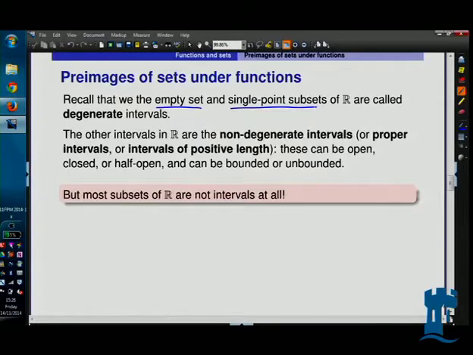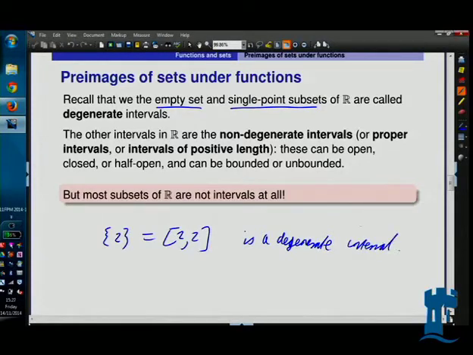The single point sets, like 2, you could think of that as the closed interval from 2 up to 2 if you want. So it's not too surprising that that's some sort of degenerate interval, but you can see that there's something strange about it because the endpoints are the same. That's a degenerate interval. There's lots of standard intervals that you know about by now.